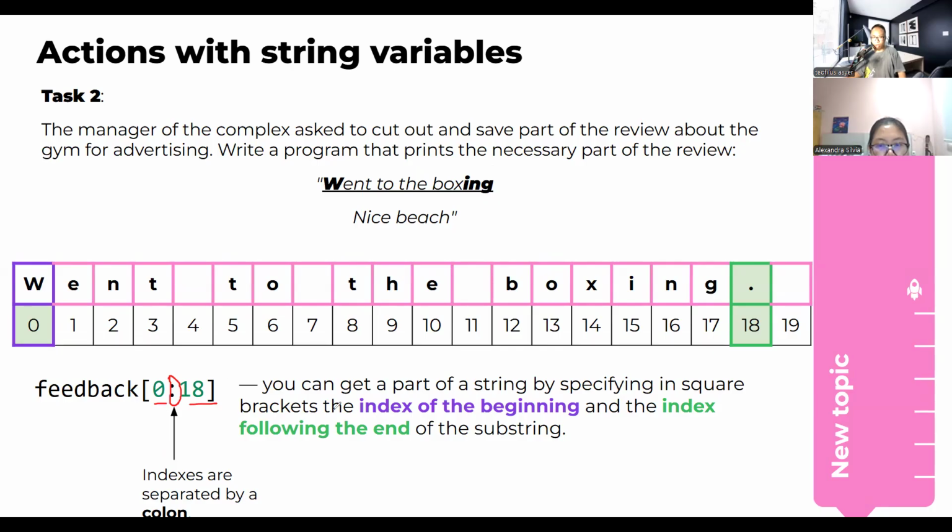If you see in here, index 0 stands for W, and the last index stands for the dot. When you use this method and print it, what do you think the output is going to be? Does it include the dot or not?